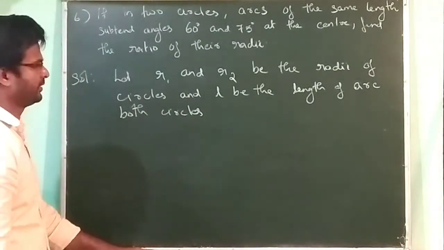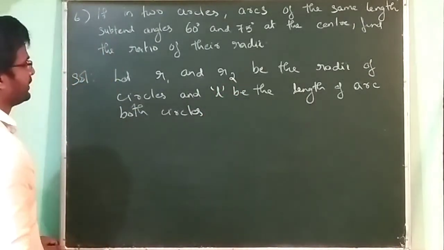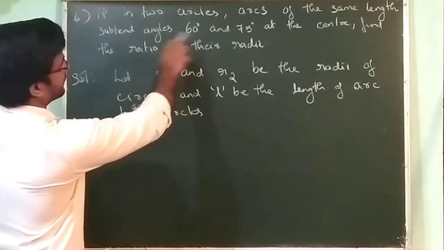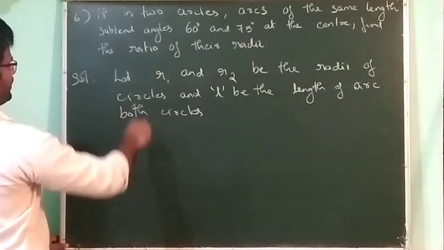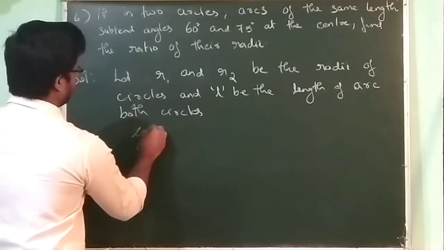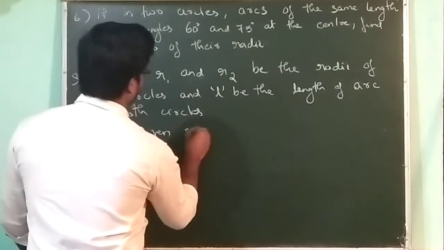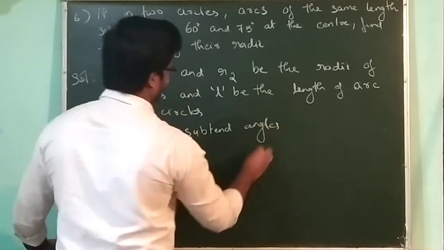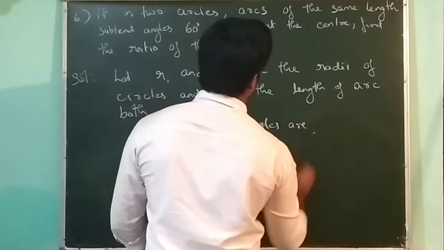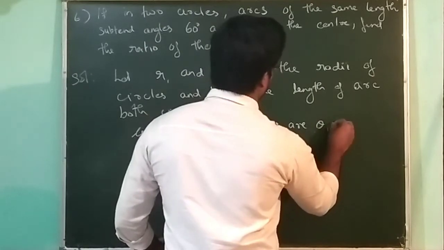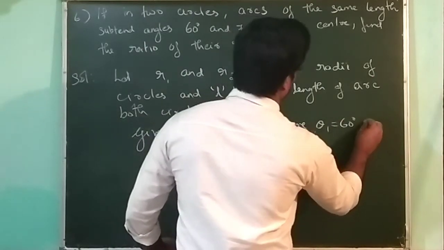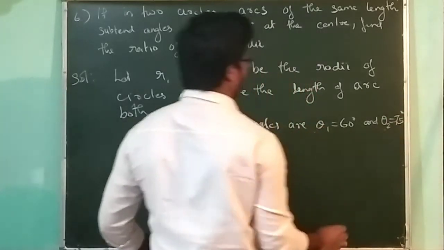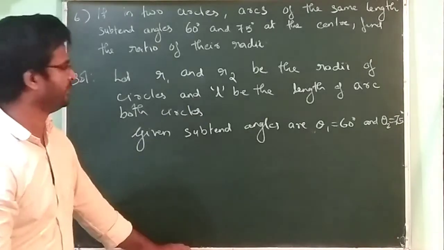Length of arc equal, isn't it? That's why we can take only L. That's enough. Then what is given in here? Given subtended angles are, first theta 1 equal to 60 degree and theta 2 equal to 75 degree. Two angles given, 60 degree and 75 degree, isn't it?